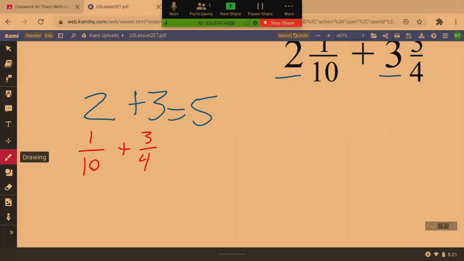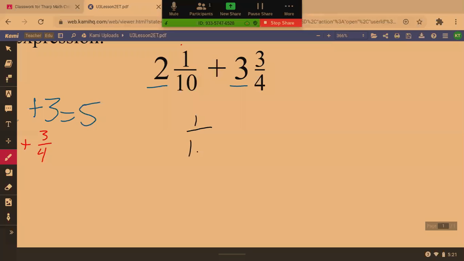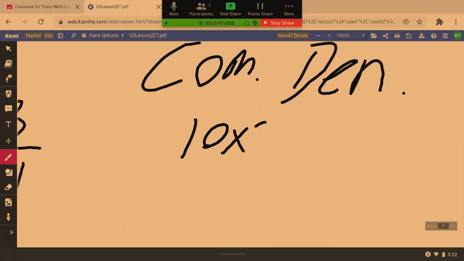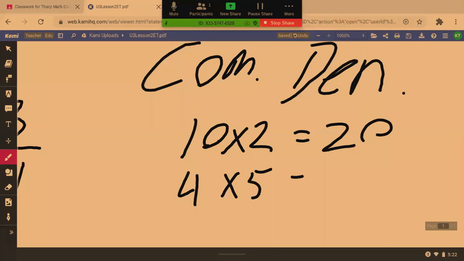Okay, so common denominator. I'm going to say 20 because 10, let me zoom in for handwriting, 10 times 2 equals 20 and 4 times 5 equals 20.